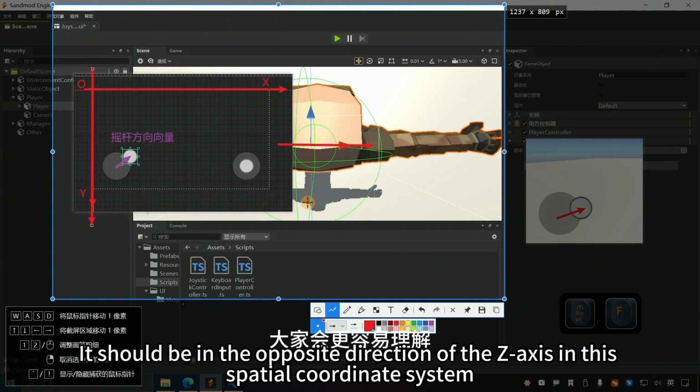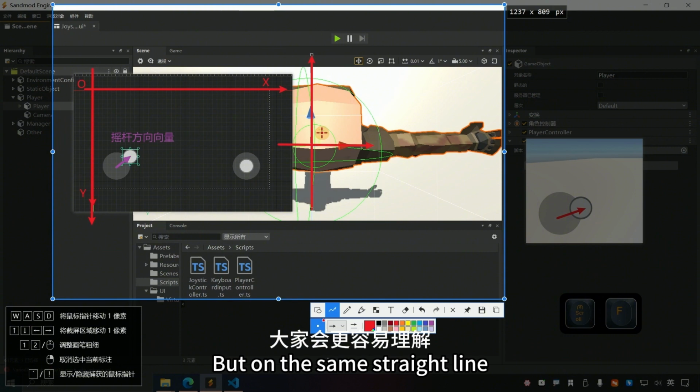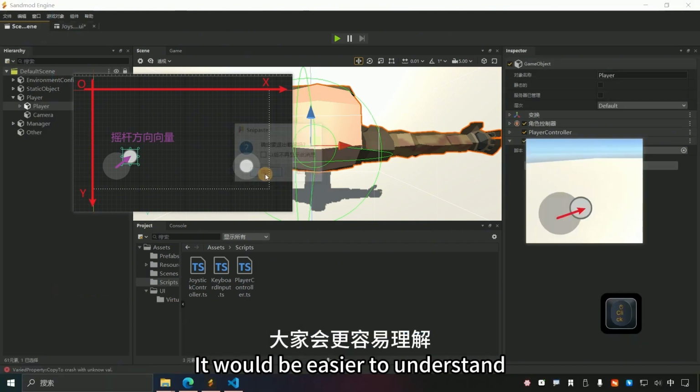It should be in the opposite direction of the z-axis in this spatial coordinate system, but on the same straight line. It would be easier to understand.